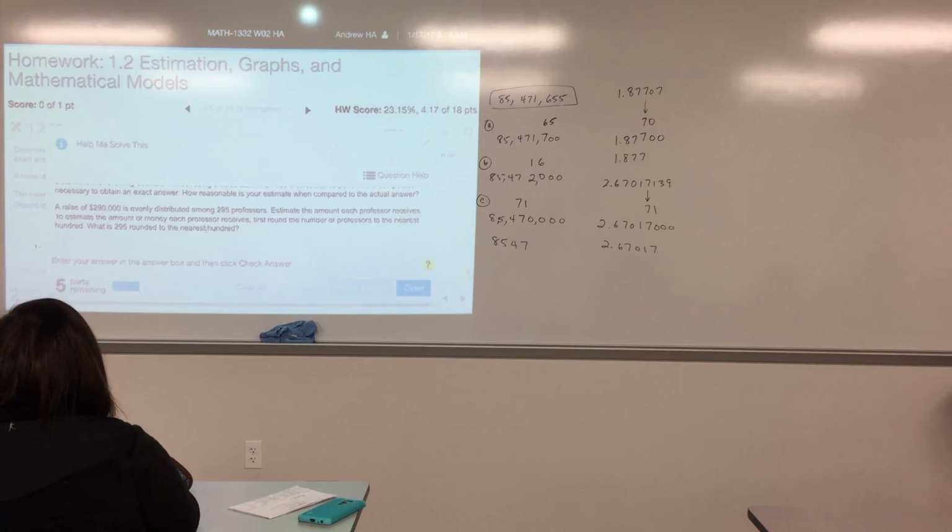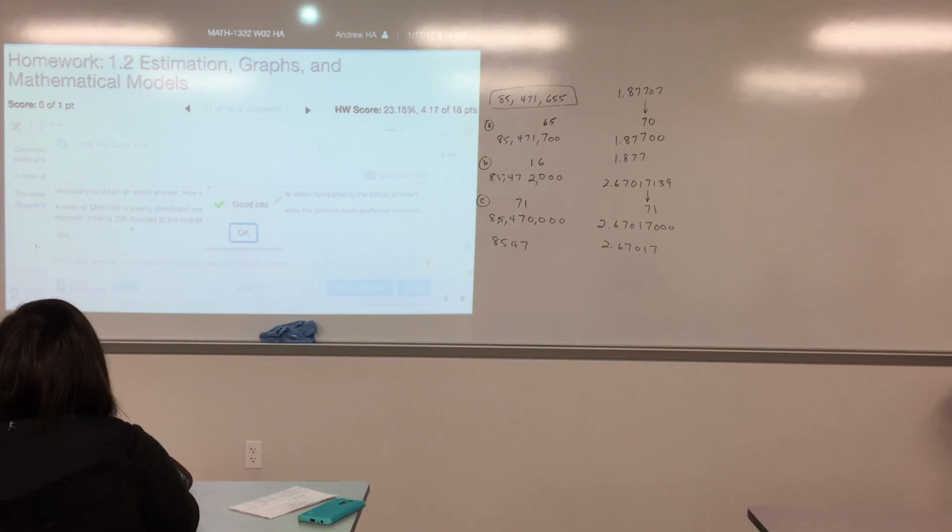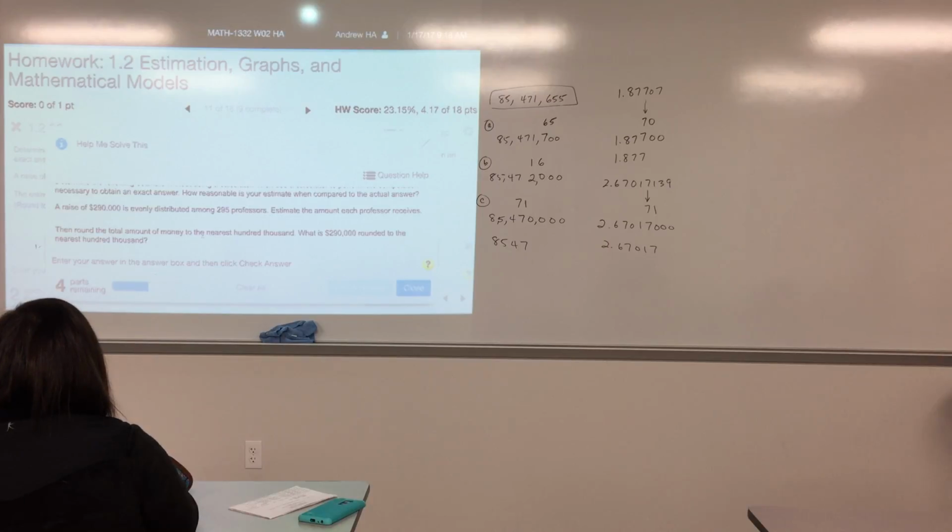What is 295 rounded to the nearest 100? And you would say it's 300, right? Done. Internet class, you can't quite see it, but that's it. Then they ask you, what is 290,000 rounded to the nearest 100,000? 300,000. Okay?